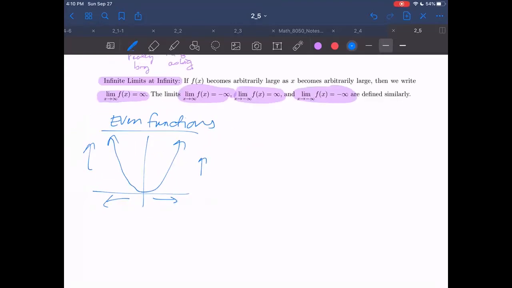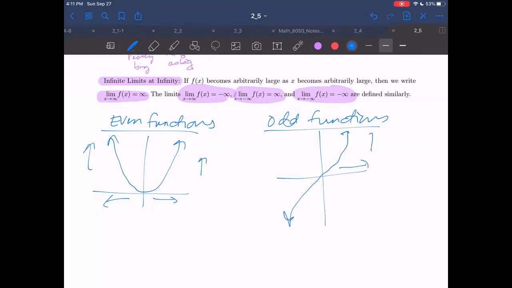Okay, we've got odd functions. As x approaches positive infinity, our limit's going to approach positive infinity, and as x approaches negative infinity, our limit's going to approach negative infinity.